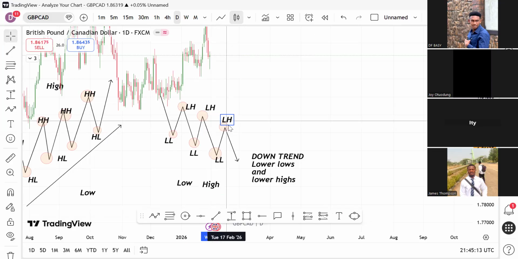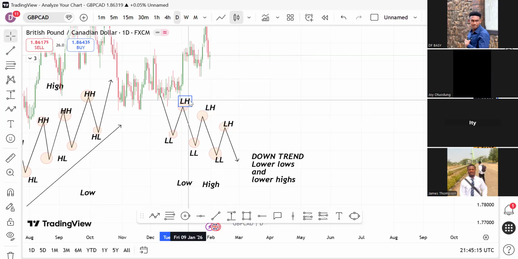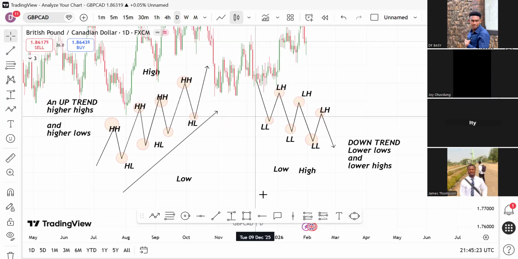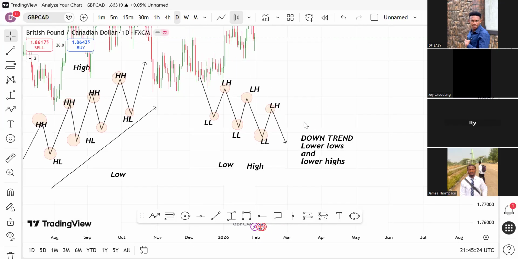All right, so now this is a lower high, this is a lower high, this is a lower high, this is a lower low, this is a lower low, this is a lower low. So now why is it called a lower low?